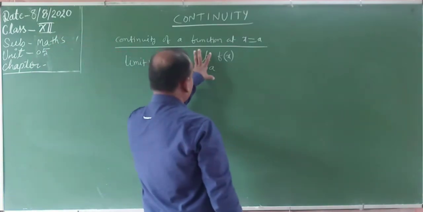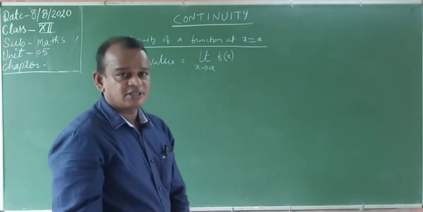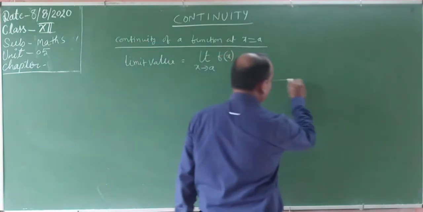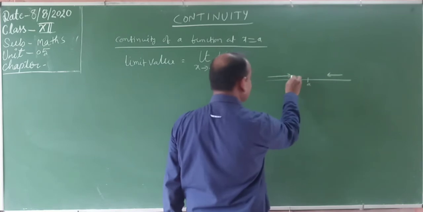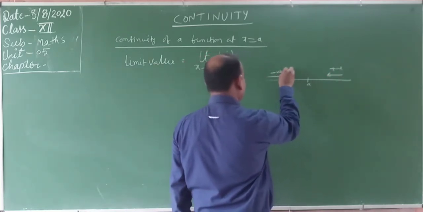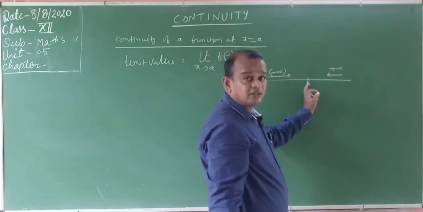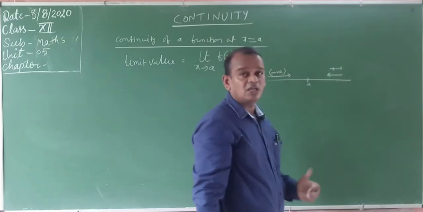What is the meaning of this? It means the limit x tends to a of f of x exists. How does it exist? Suppose you take the real numbers, this is a, this is the positive side, and this is the negative side. When x approaches a from the right side and from the left side, both are equal.